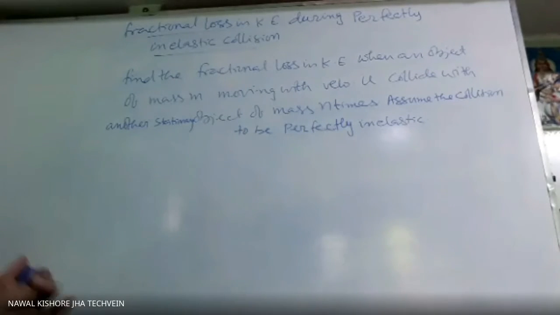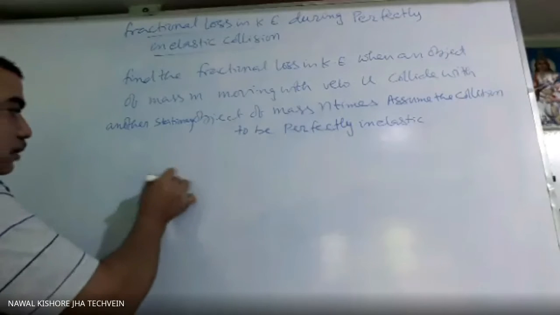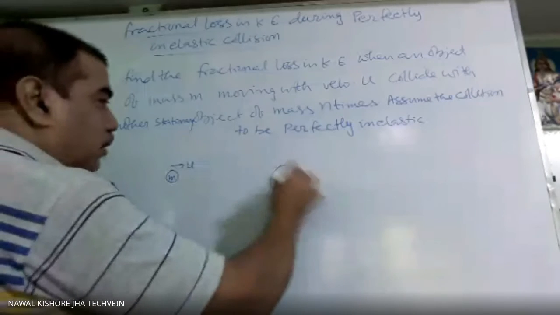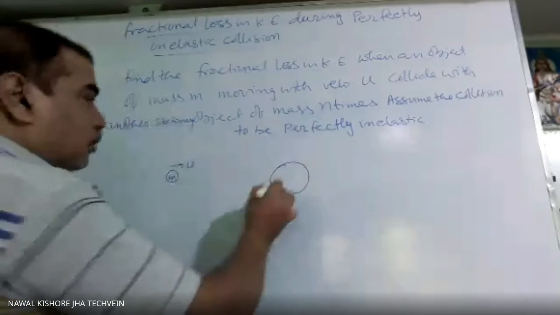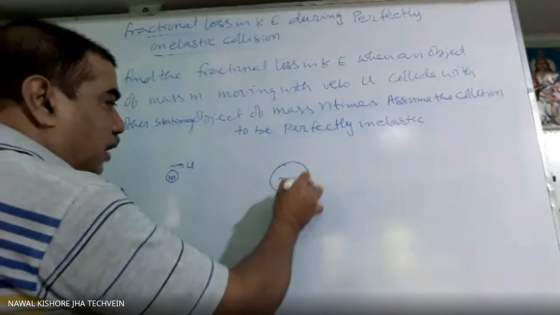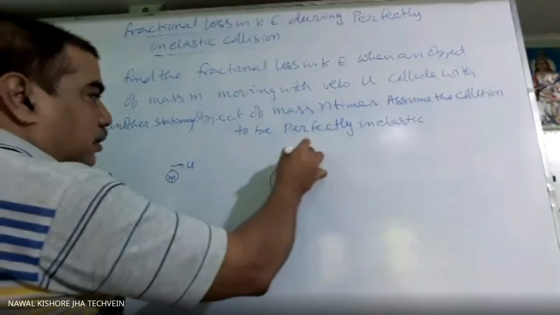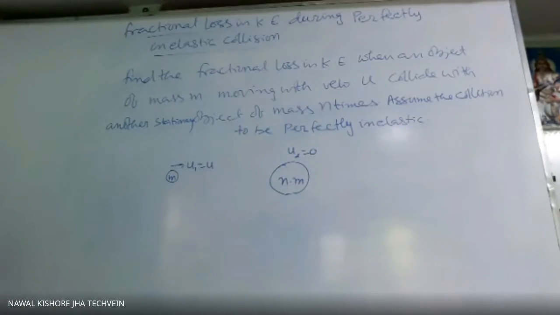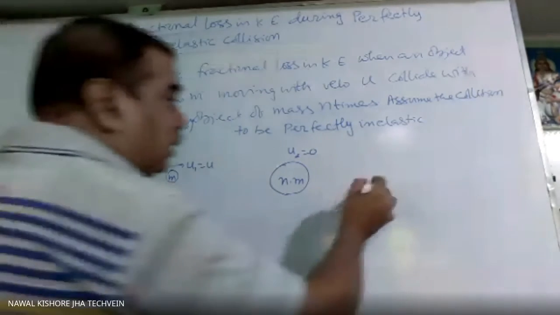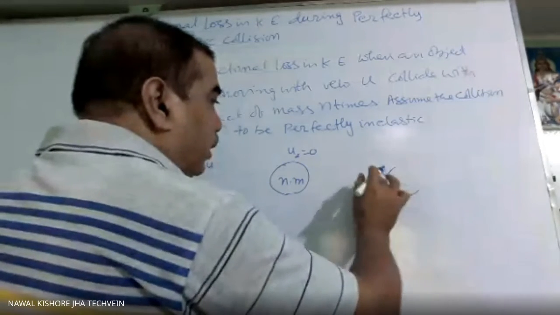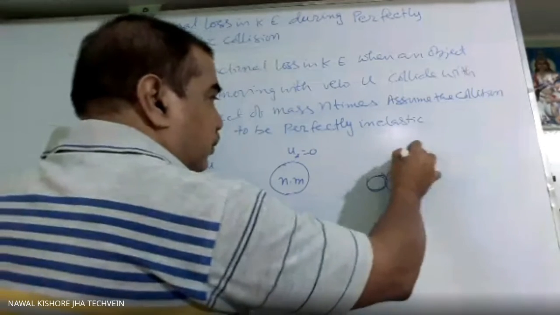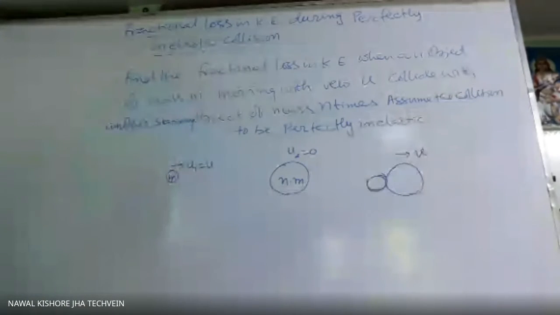So what is happening in this case? Suppose this is the ball of mass m moving with velocity u. It is colliding with another ball of mass n times m, which is stationary. As the collision is perfectly inelastic, both balls move with the same velocity, maybe v.